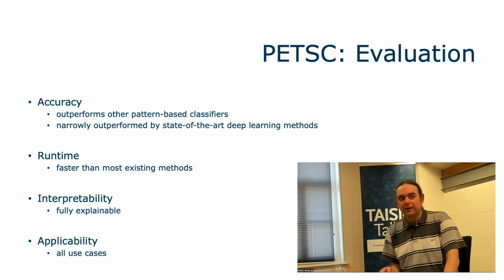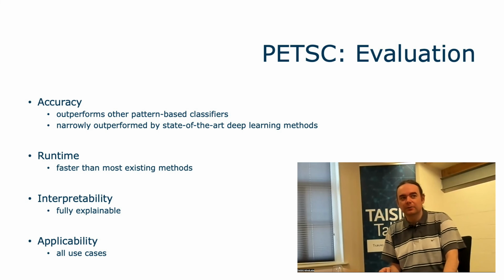We have a relatively fast method, in fact, faster than most existing algorithms because it's relatively simple and based on pattern mining. And finally, we have a classifier that produces very good accuracy results. So like I said, we're talking about averages here. To our surprise, our method didn't do much worse than the best deep learning methods.